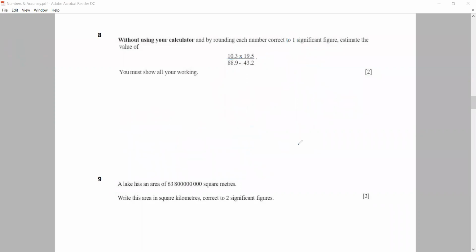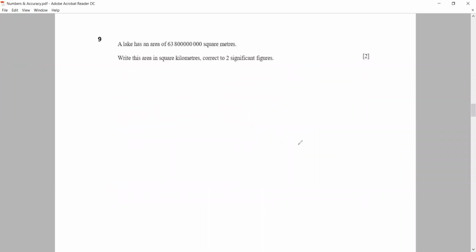A lake has an area of, okay, this might be a little bit tricky because we're given it in square meters, and it is 63 billion 800 million. But they ask us to write it in square kilometers and then correct it to 2 significant figures.